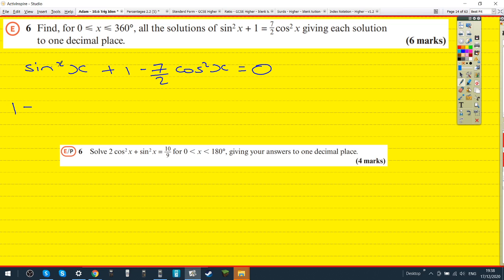You said you're going to make sine squared x into cos? Yeah, so it'd be 1 minus cos squared x. First time you said 1 minus sine squared x. Yeah, I got lost in my words. That's all right. Cos squared x. So 1 minus 7 over 2 cos squared x equals 0.